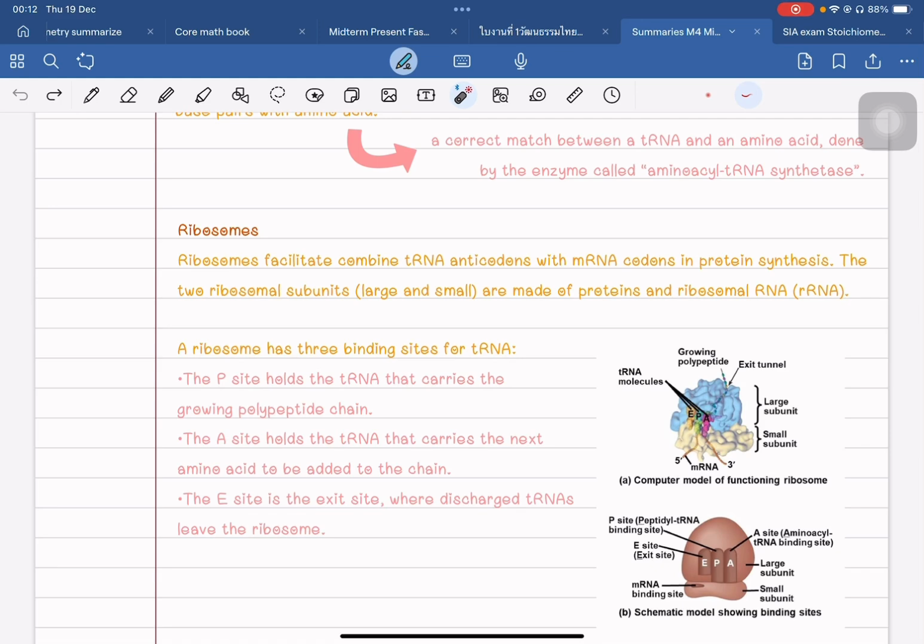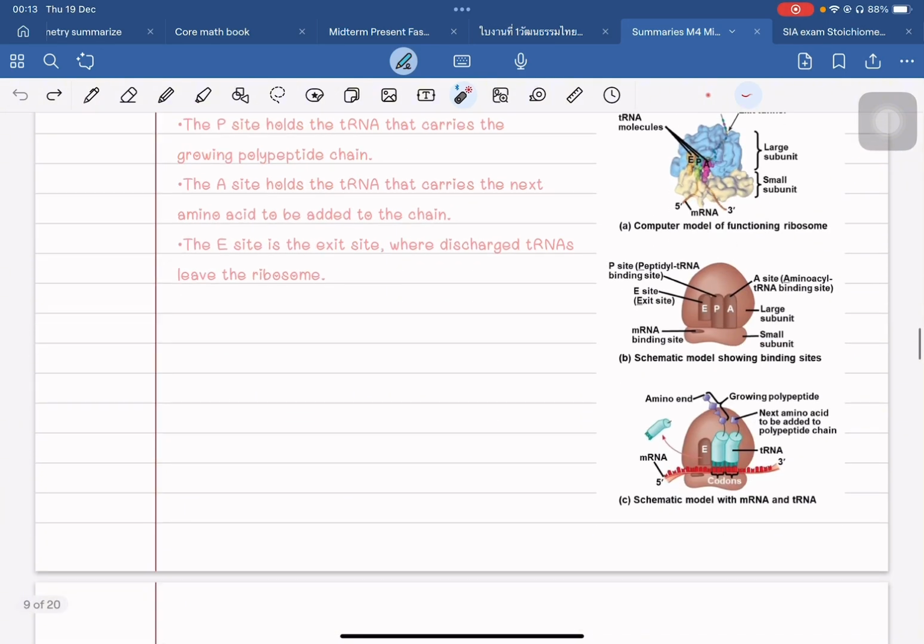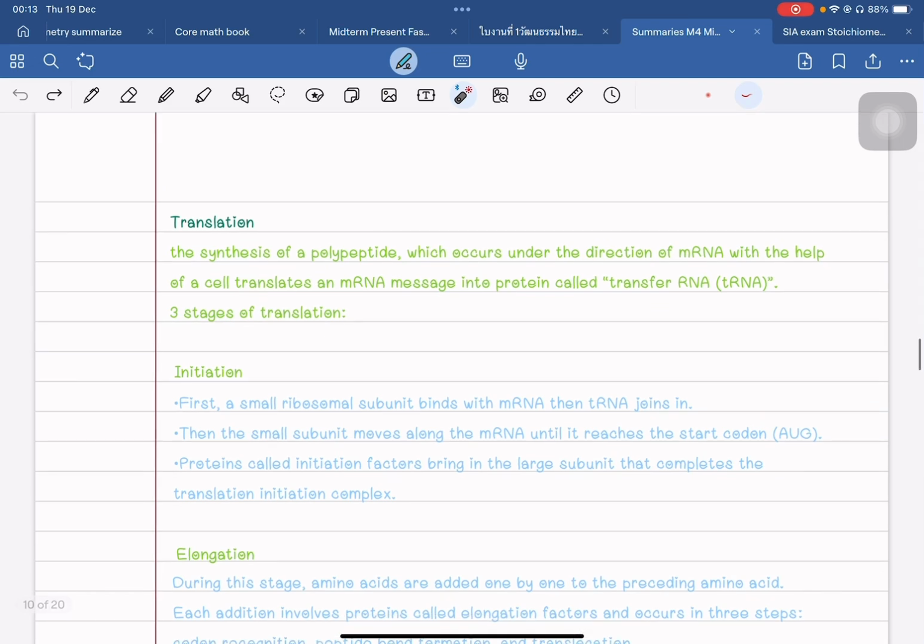The first one is the P site. It holds the tRNA that carries the growing polypeptide chain. Next is the A site. It holds the tRNA that carries the next amino acid to be added to the chain. And the last one is the E site, which is the exit site, which will discharge the tRNA and leave the ribosome.